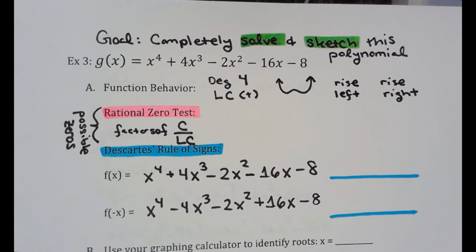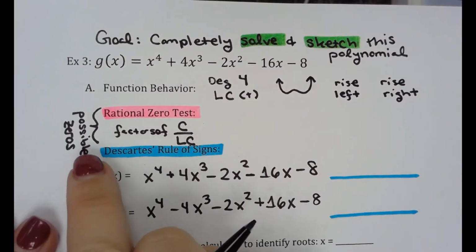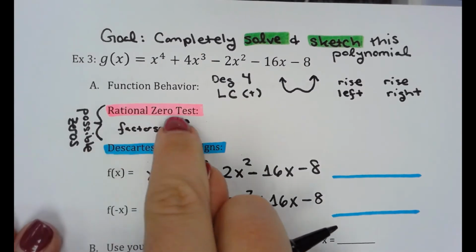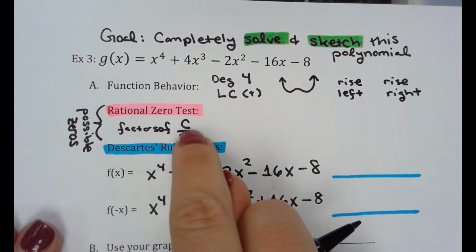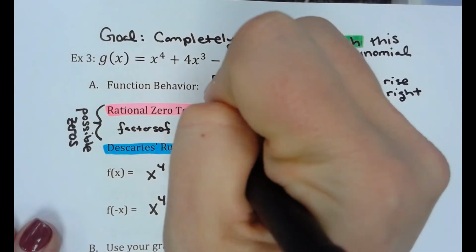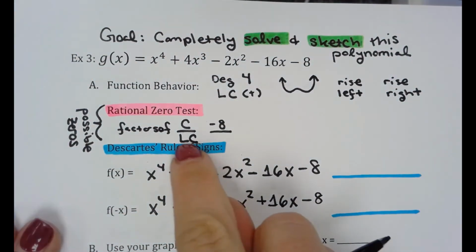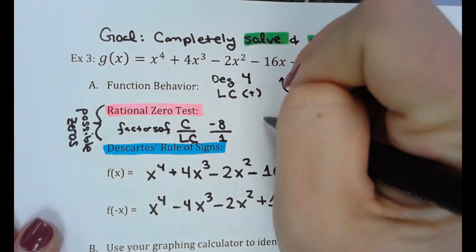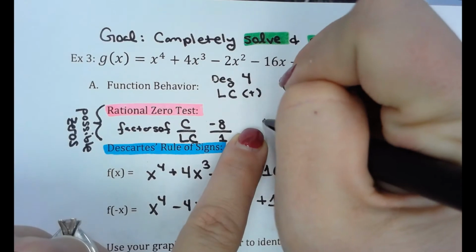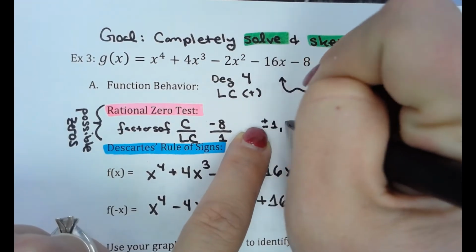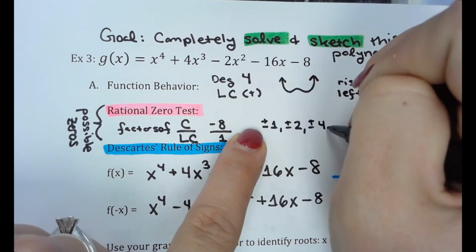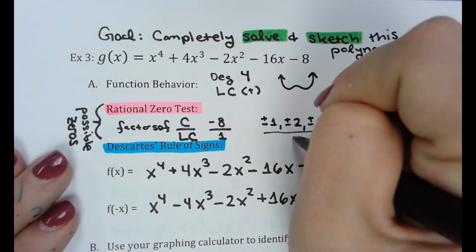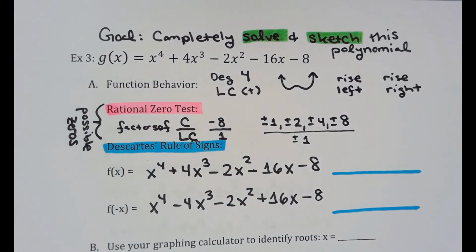Okay. So then we are going to think about things that are possible zeros, and that shows up with our rational zero test by looking at our constant at the end of -8 and our leading coefficient at the front, which is a +1. So all things that are factors of 8: ±1, ±2, ±4, ±8, and the denominator is just ±1, ±1.